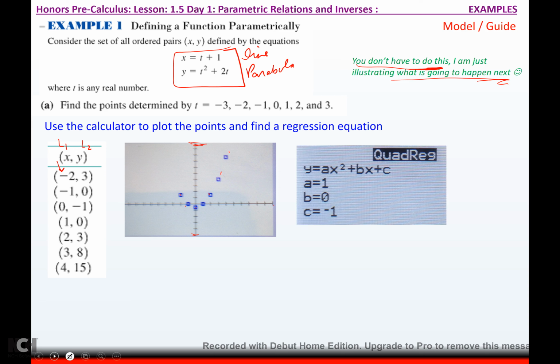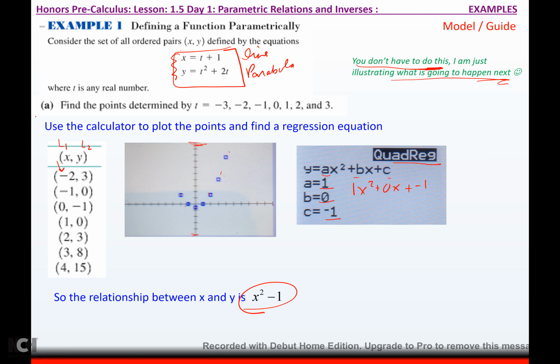Obviously it's a quadratic because I can see the parabola there. So if I do stat calc quad regression, it tells me that A is 1, B is 0, C is -1. If I plug those in, I get the relationship between x and y: x squared minus 1, because 1x squared plus 0x plus -1 gives me x squared minus 1.